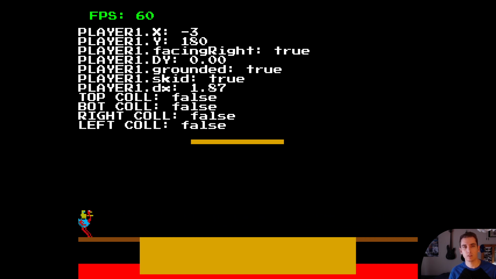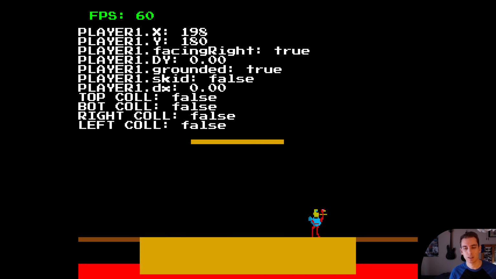That's so confusing to me that dx would be a number that gets smaller at a different rate. Dx, well, like once I'm skidding, oh, you know what?